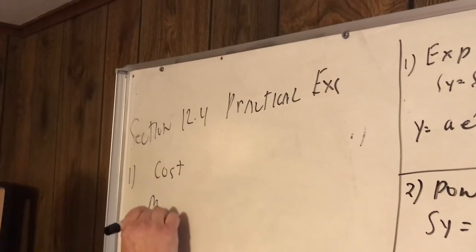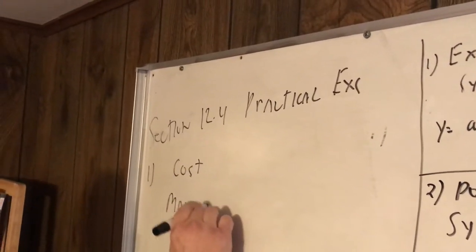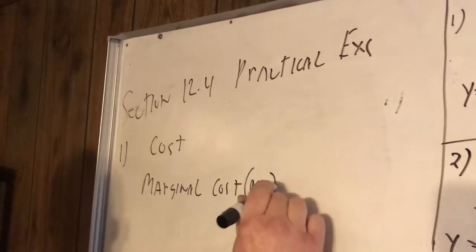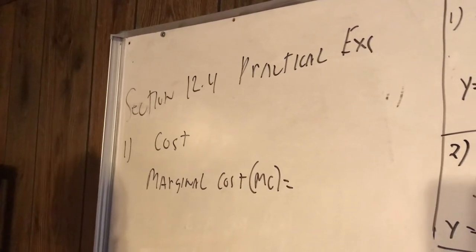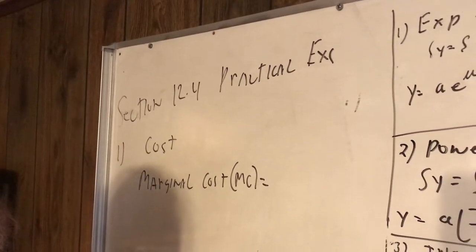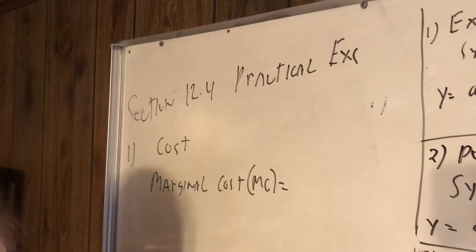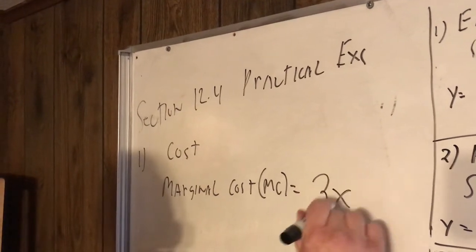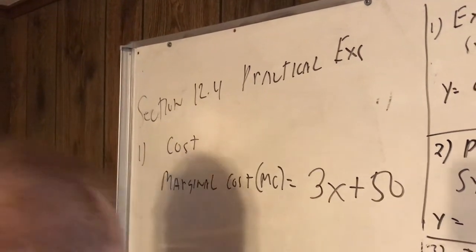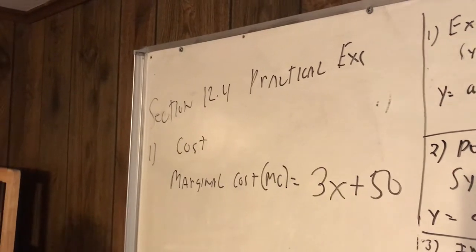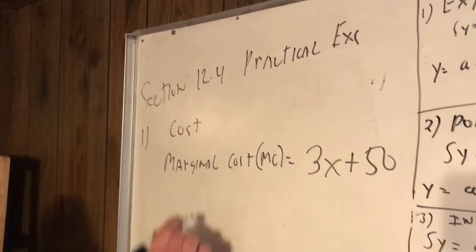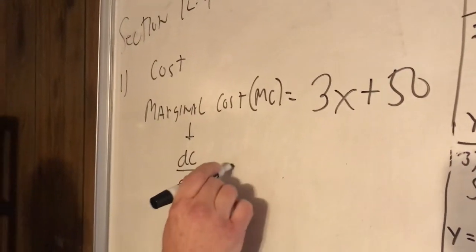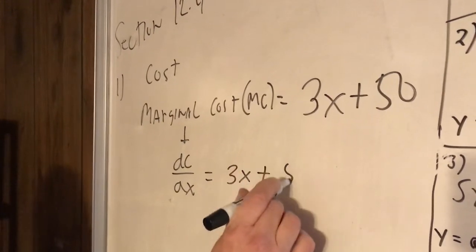And I'm given that the marginal cost, and you'll see this written as MC, equals 3x plus 50. Marginal cost. So remember, marginal cost is the derivative. So marginal cost is dC/dx, in this case, 3x plus 50.